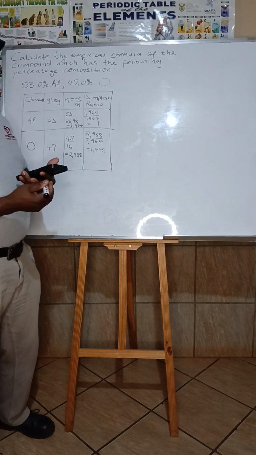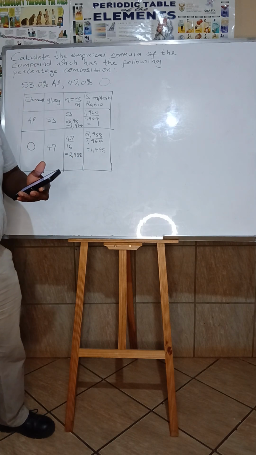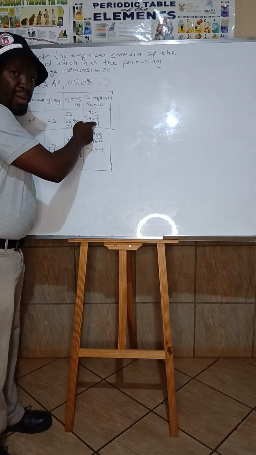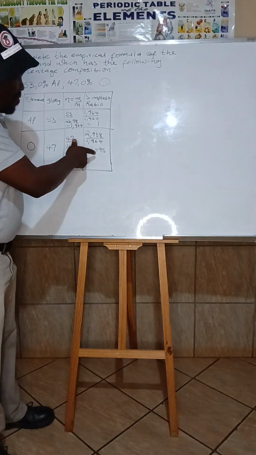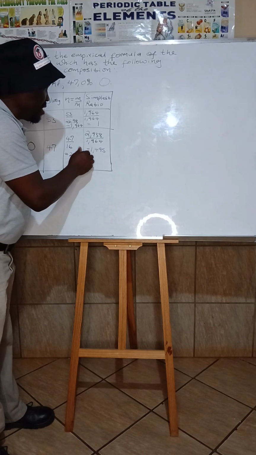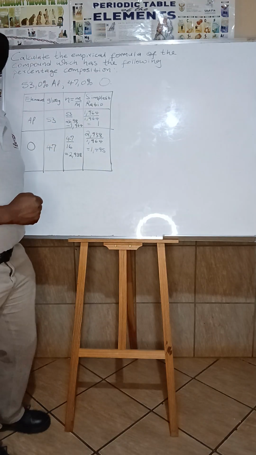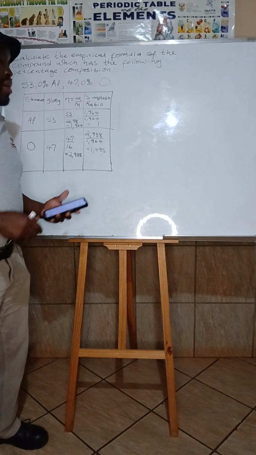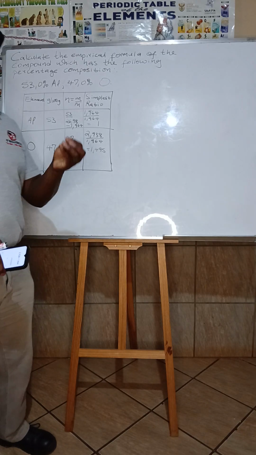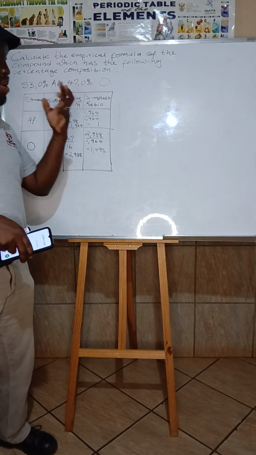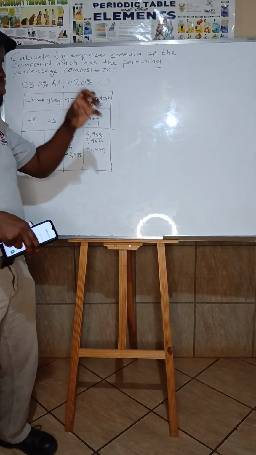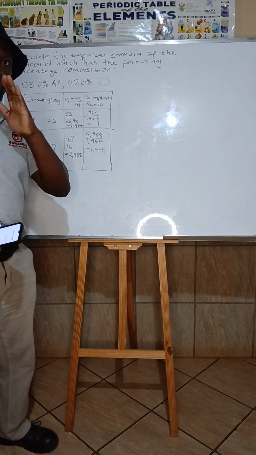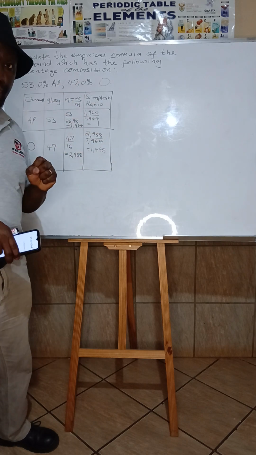Okay, now as you can see, over there we've got a whole number in the form of 1. Over here we've got a decimal number in the form of 1,495. Now, if you come across a situation like this, bear in mind that the intention is to come up with the simplest whole number ratio of the atoms which form our compound.